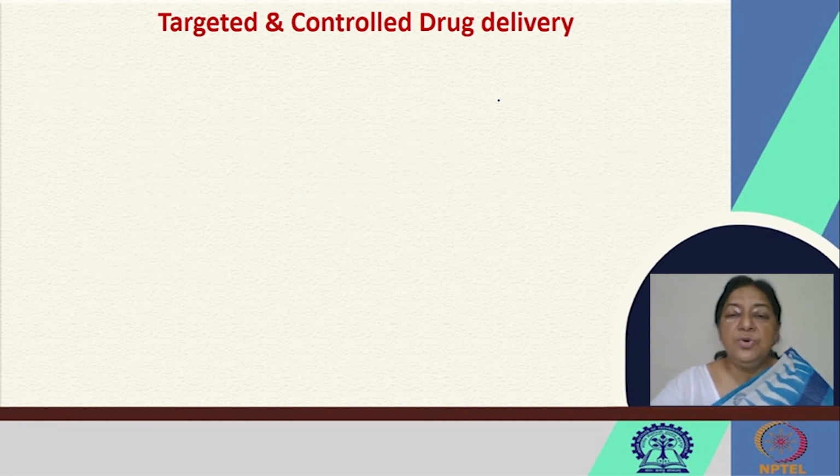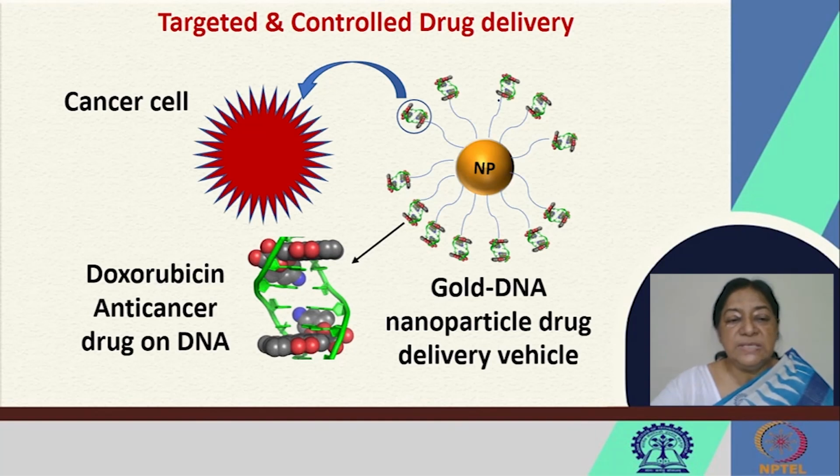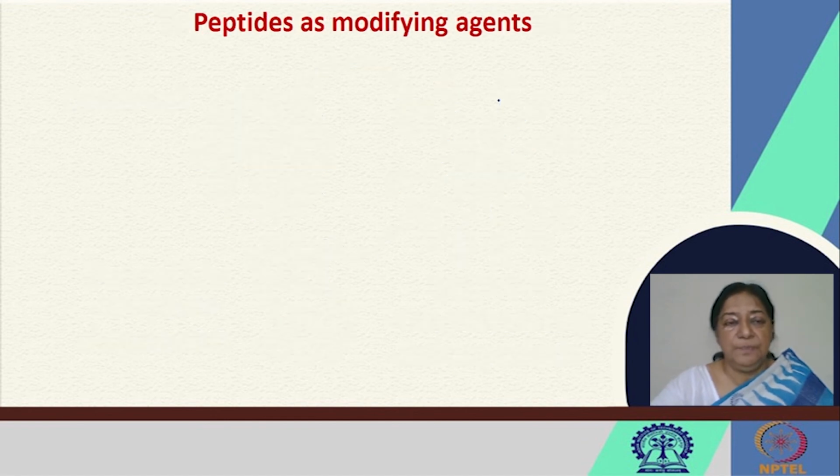Targeted and controlled drug delivery is extremely important. For example, with the anti-cancer drug doxorubicin on DNA in a cancer cell, the gold DNA nanoparticle drug delivery vehicle was able to deliver doxorubicin. But again, it is extremely important where it is going and how it is being delivered, and of course, the clearance of the nanoparticle as well.